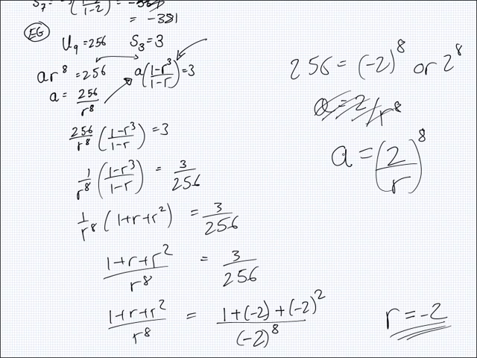And then you said that S3 is a plus ar plus ar squared. Yes. So you just put it in, you will find this easy, maybe slightly easier. It eliminates the a, because ar is 2, so a will become 6.